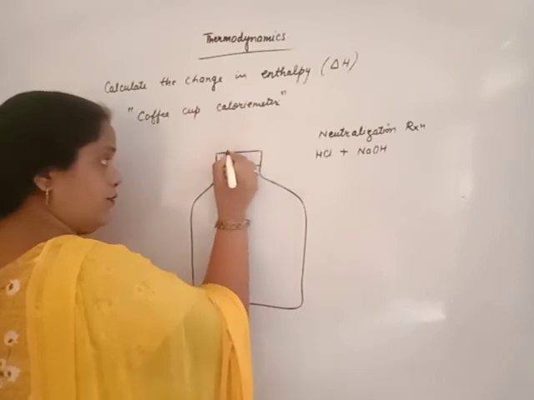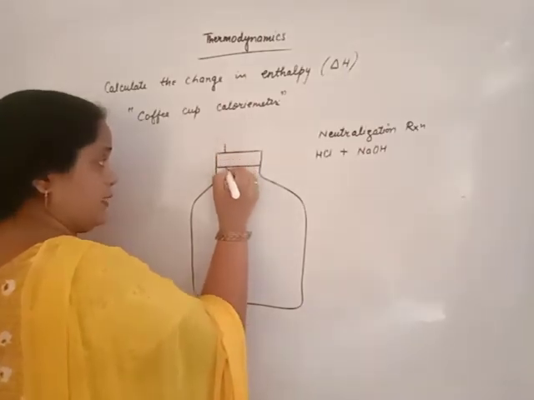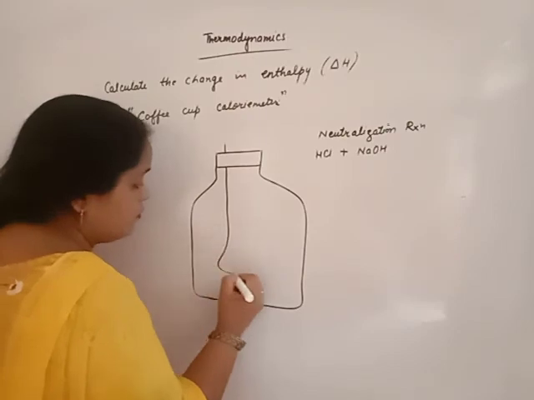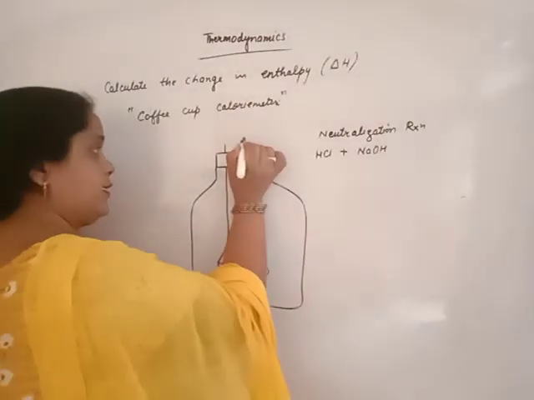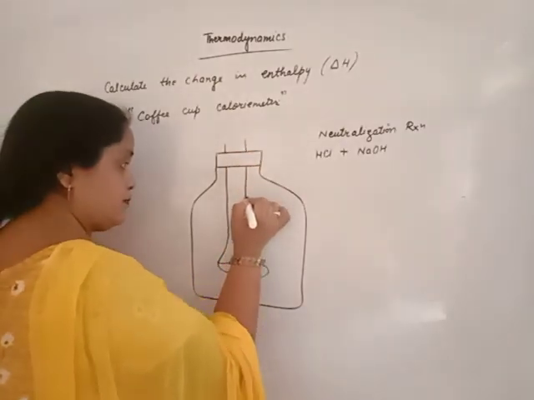This cork has two holes. Beta, one hole for stirrer and other hole for thermometer.